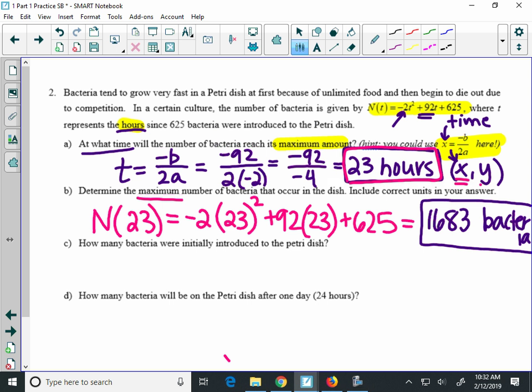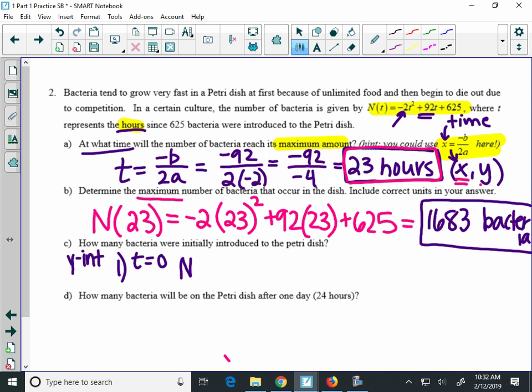So it says how many bacteria were initially introduced to the Petri dish. Well, if you have an initial value, there's two ways to do this. That's the starting amount or the y-intercept. So one way to do this is to put time 0 in, because that's what your time is when you initially start.